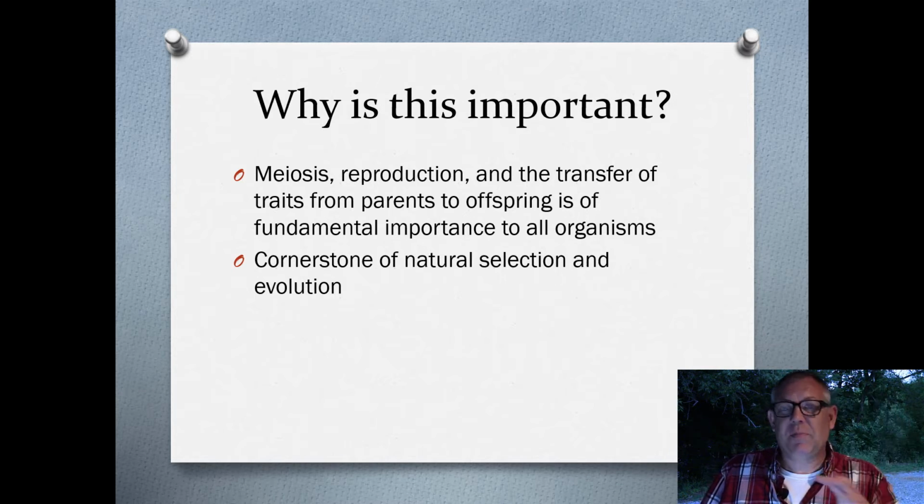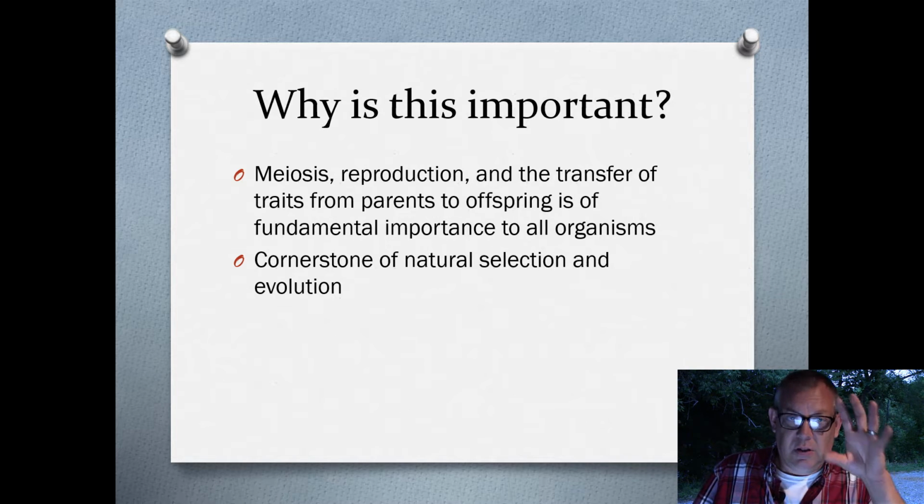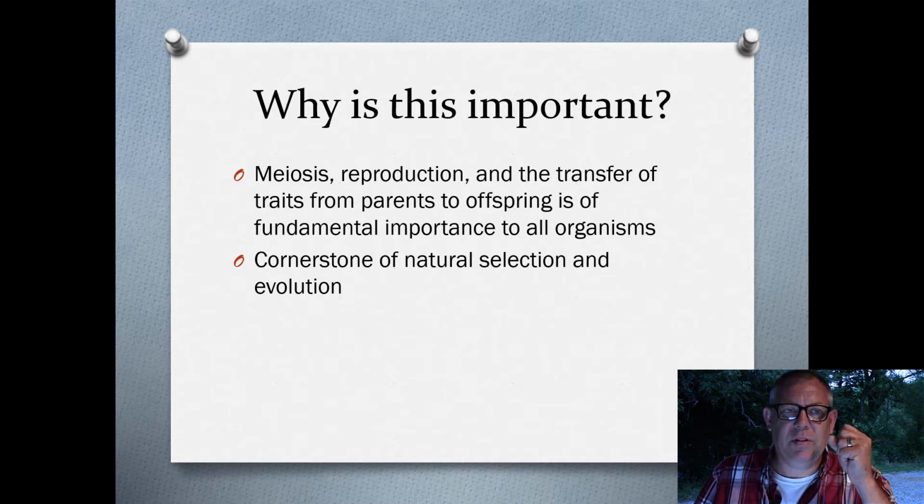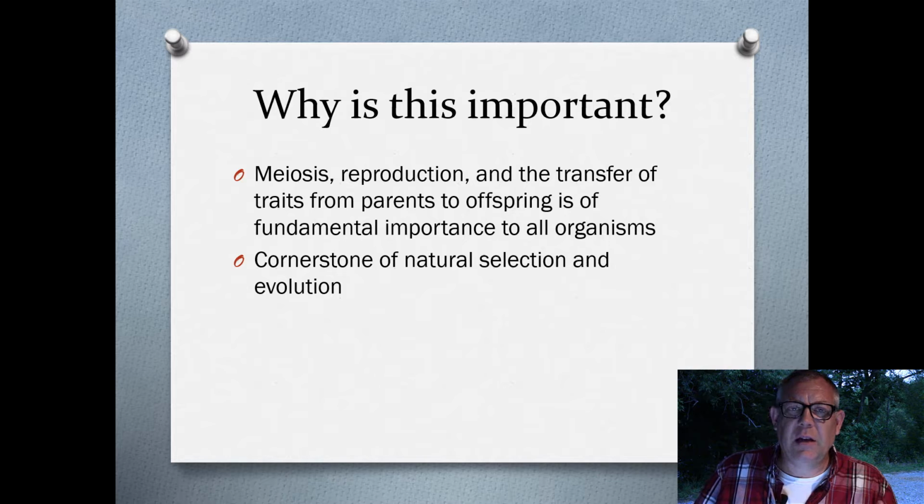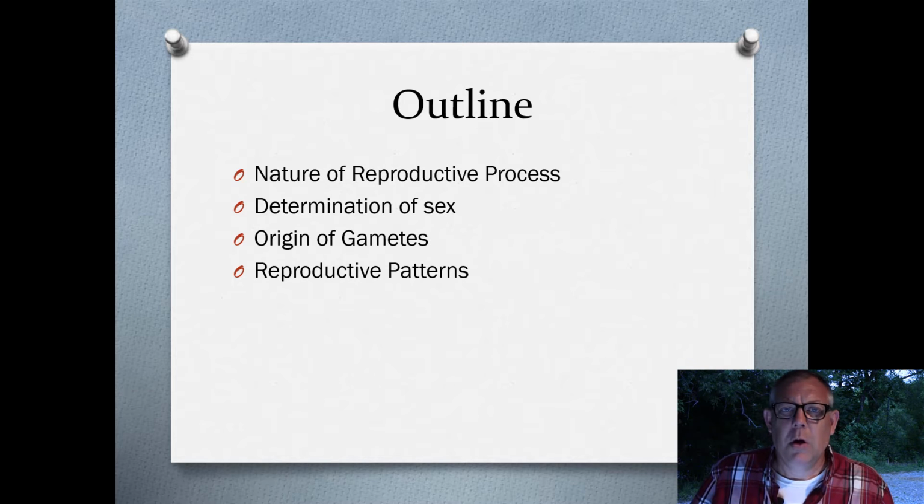Passing traits to your offspring is fundamental to all organisms, and continuing your lineage is something innate to living things, right? And so understanding this process is important to understanding biology in animals. So we're going to talk about the nature of the reproductive process, some different ways that sex is determined, how gametes are formed, and then very briefly reproductive patterns.